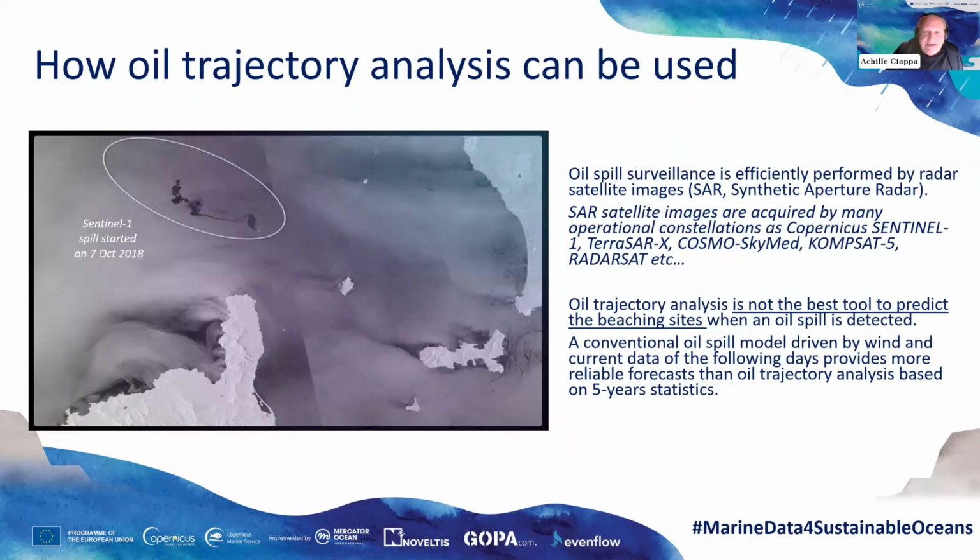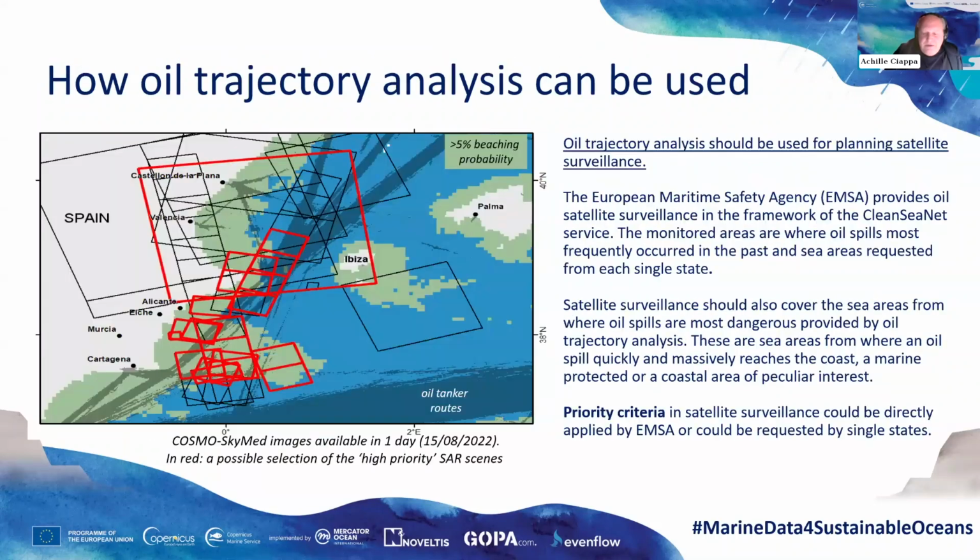It should be the next slide. Okay. Oil trajectory analysis should be used for planning satellite surveillance. Satellite surveillance is done by the CleanSeaNet service of the European Maritime Safety Agency, but the monitored areas are where oil spills most frequently occurred in the past, and the sea areas requested by each single state.